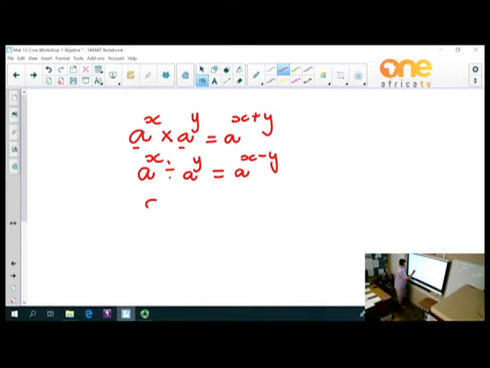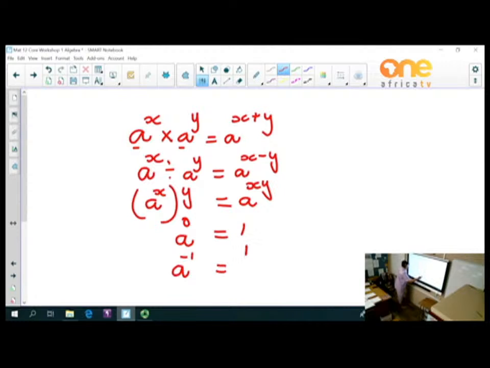The next one is a to the power of x, to the power of y. Now we're going to multiply, and this is then a to the power of xy. Anything to the power of 0 is 1. And the other one, we had it just now, the negative index is the positive reciprocal.